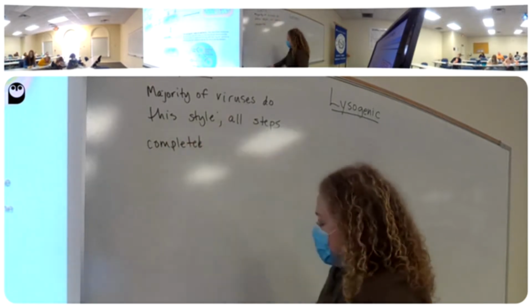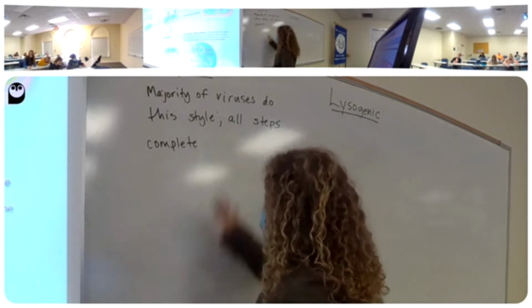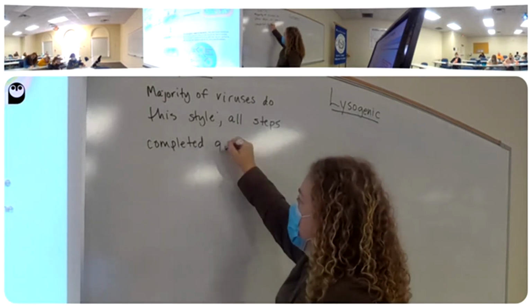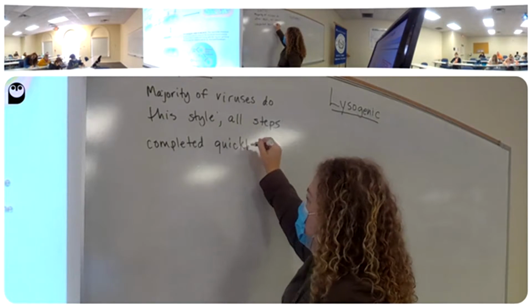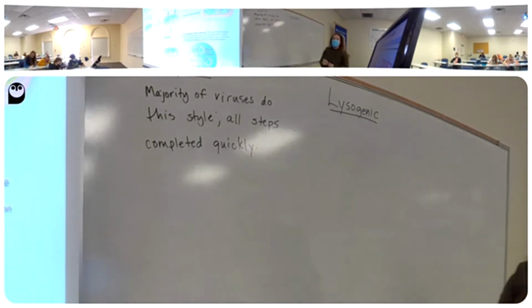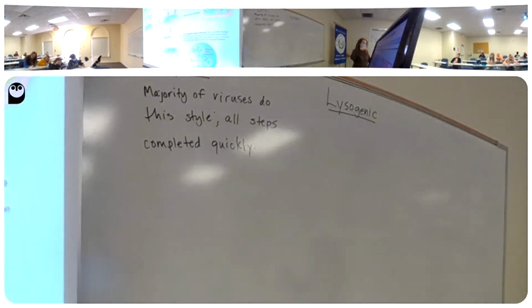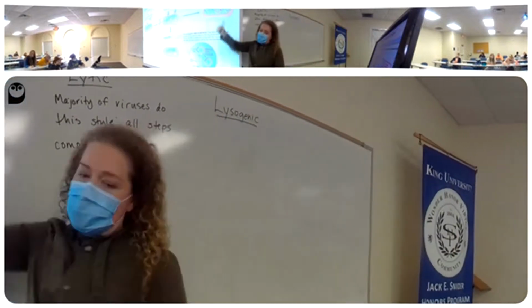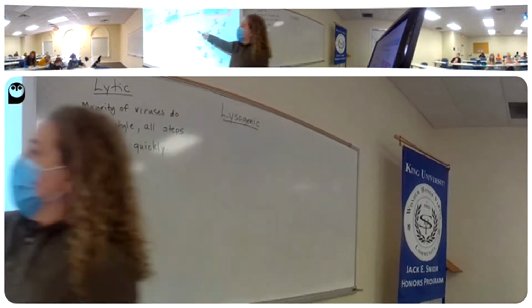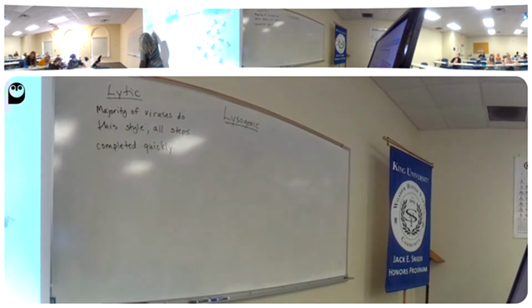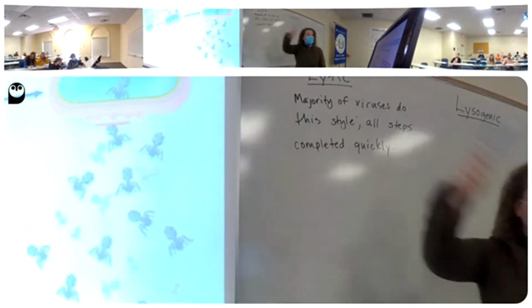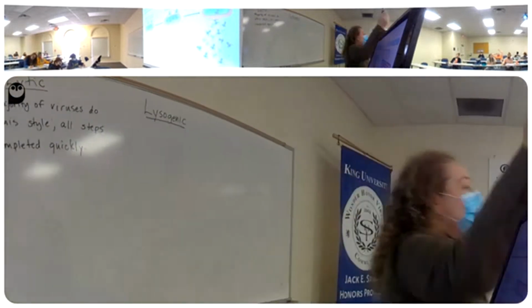All the different 5 steps are going to be completed, let's say, quickly. The virus is not waiting around for the next step. It lands, it penetrates, it forces synthesis, it self-assembles, and then it releases from the cell. So that's lytic cycle. All of that's happening in a row, let's say.